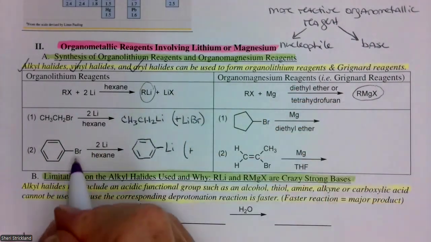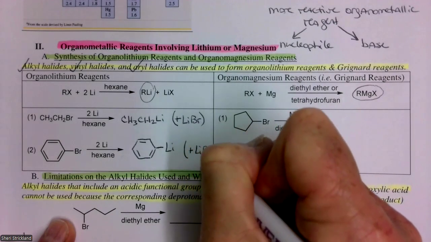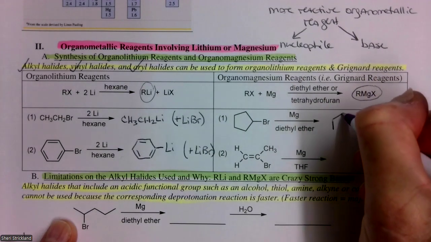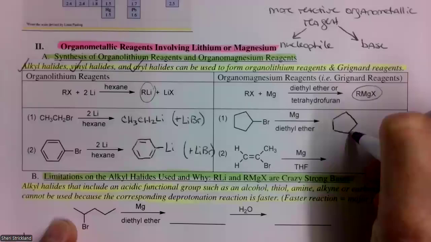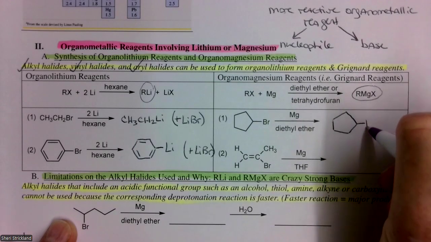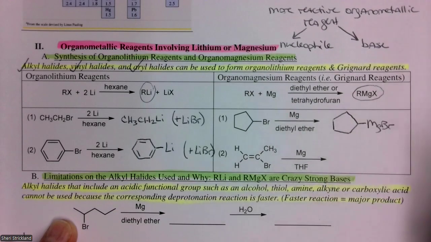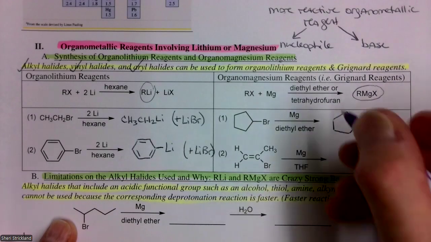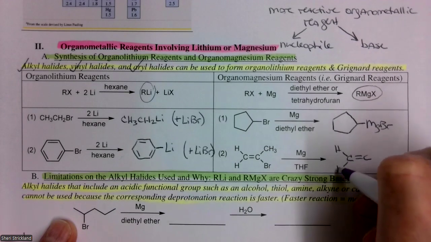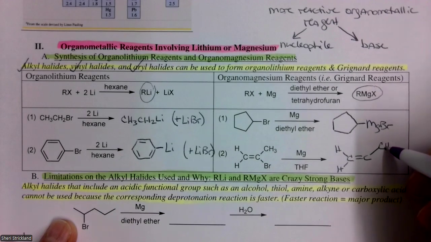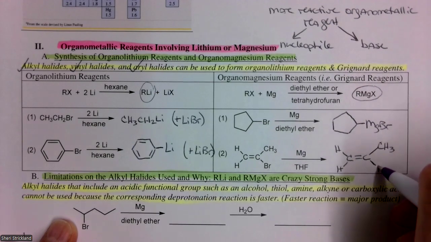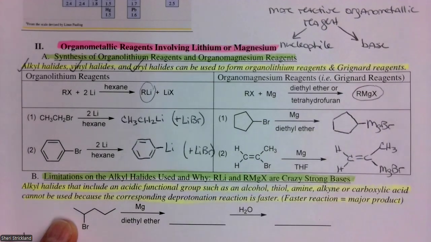And again, because the halogen is the same, we get the same salt as a side product. Over here with Grignard reagents, instead of the metal taking the place of the halogen, it gets inserted between the carbon and the bromine, like this. And then finally, if we've got a vinylic halide, same sort of situation, where the insertion is going to happen right at the position where the halogen is. And you get something like that.